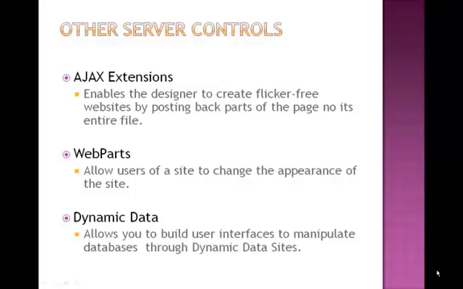These extensions basically allow us to create flicker-free web applications by letting the application retrieve data from the server from client-side JavaScript without actually having to perform a full postback.